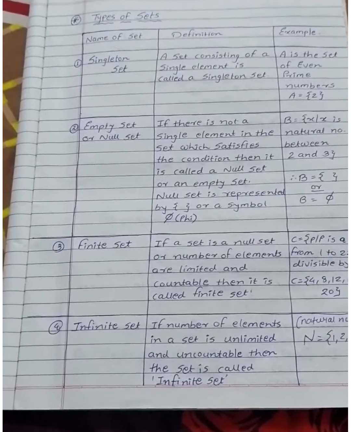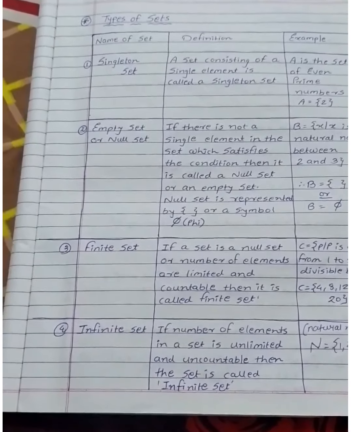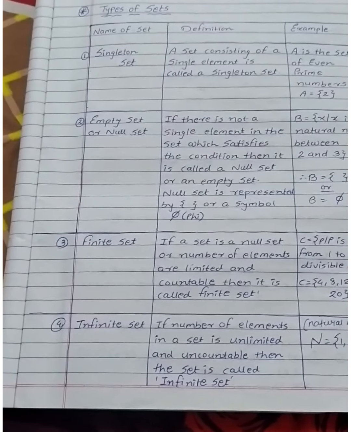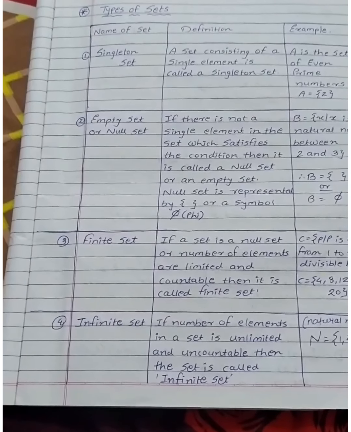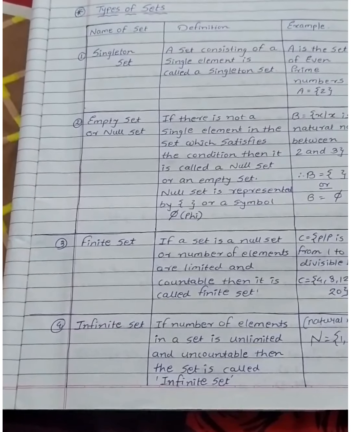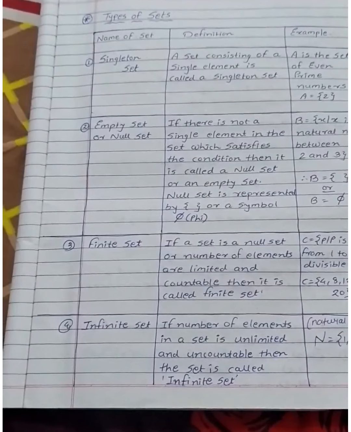But among even prime numbers, 2 is the only even number that comes in its own table and one's table. So only one number is here, that is 2. Only a single number is here, so a set consisting of a single element is called a singleton set.